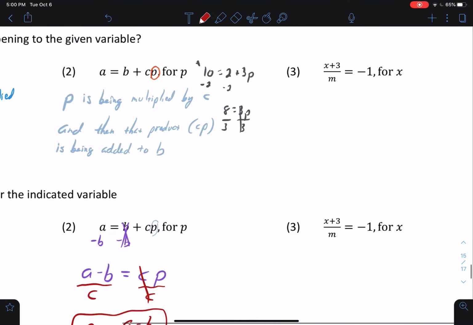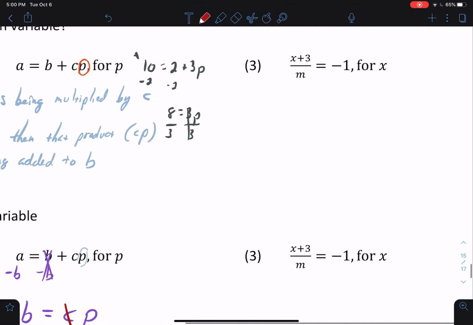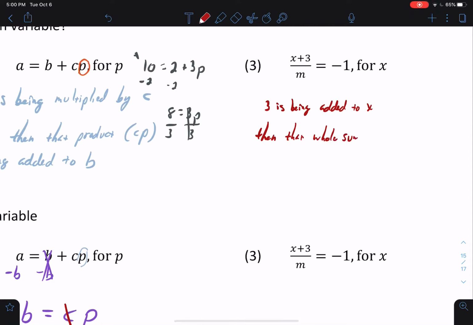What about number 3? We've got x plus 3 all over m equals negative 1. What is happening to x? 3 is being added to x. Then that whole sum is being divided by m.